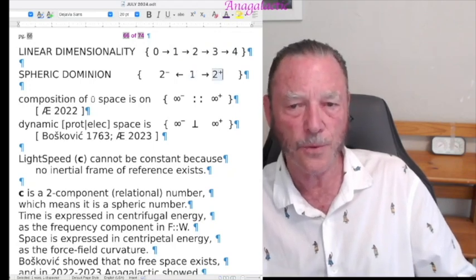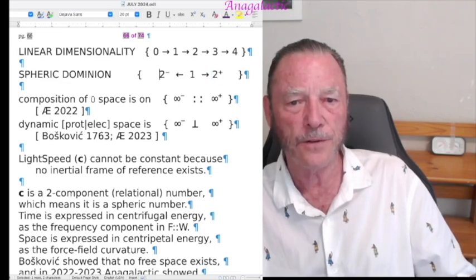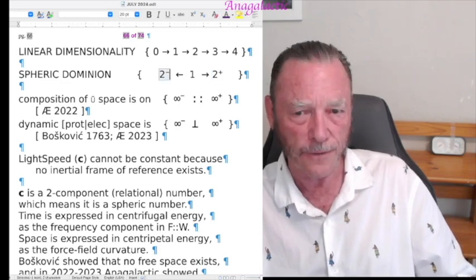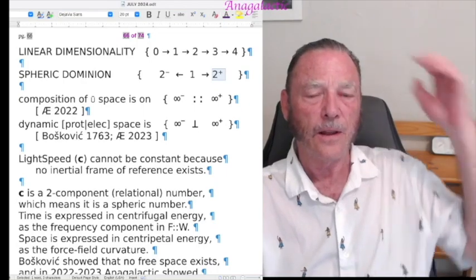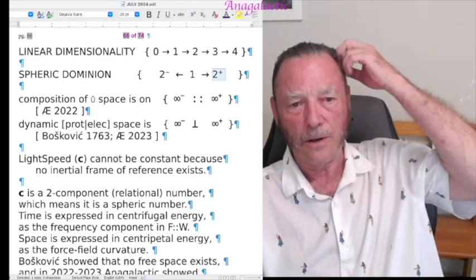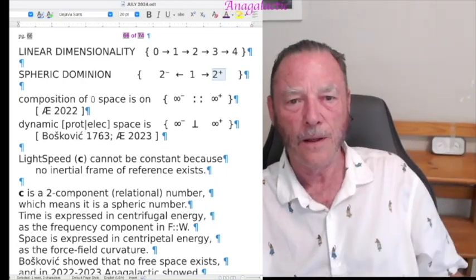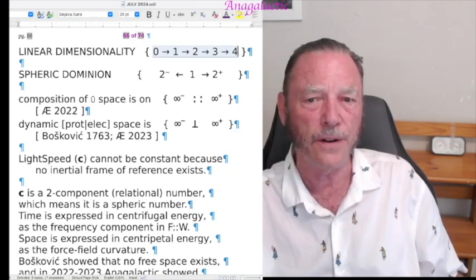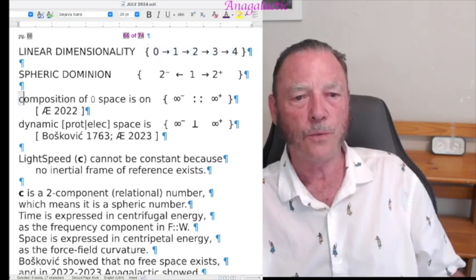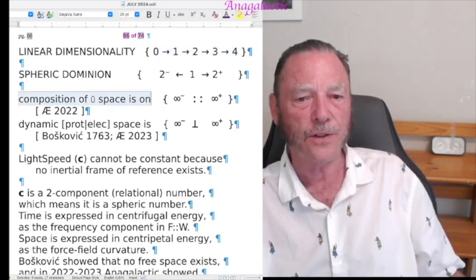The 2 plus refers to 2 to the first power. This refers to 2 to the negative first power. These two numbers multiply to 1. That is the original number system. This is the calculus derivative number system. This will all make sense.